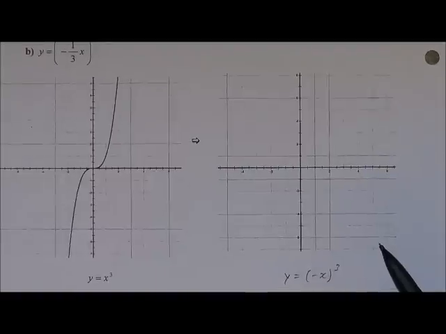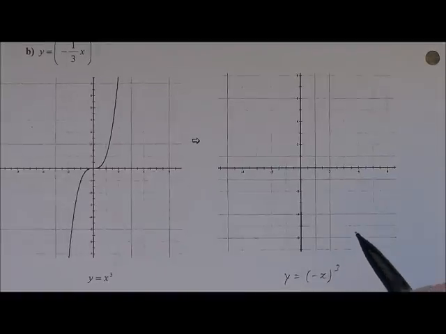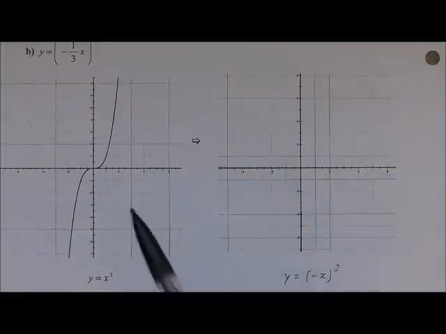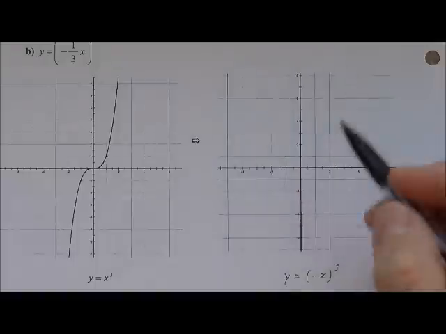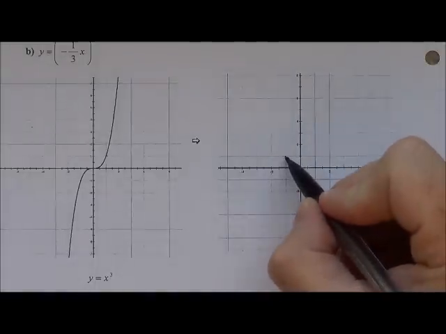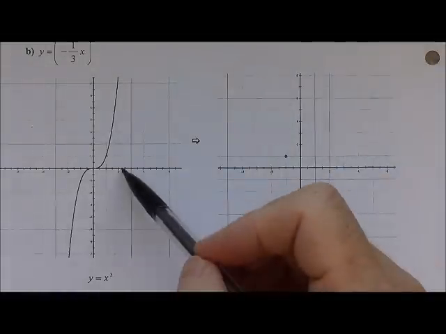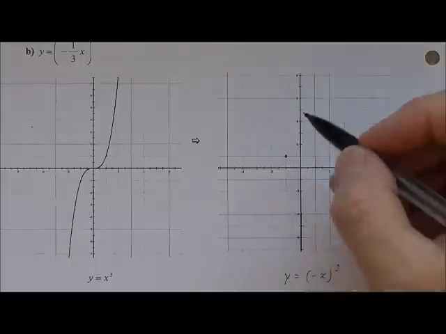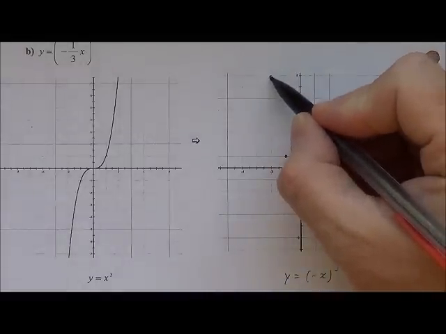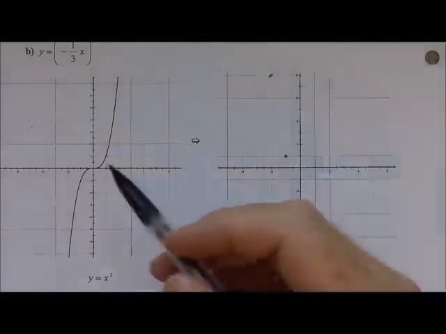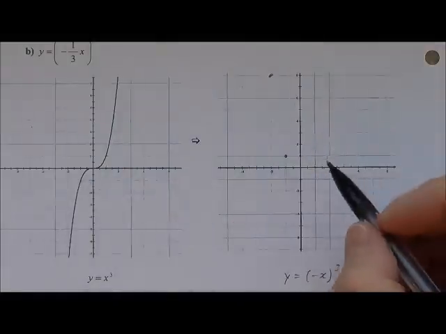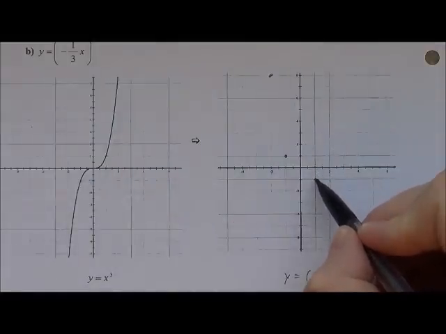Negative x all cubed. So in this case, all the x values get multiplied by -1. So this point at 1, 1 becomes negative 1, 1. The point at 2, 8 becomes negative 2, 8. The point at negative 1, -1 becomes positive 1, -1.